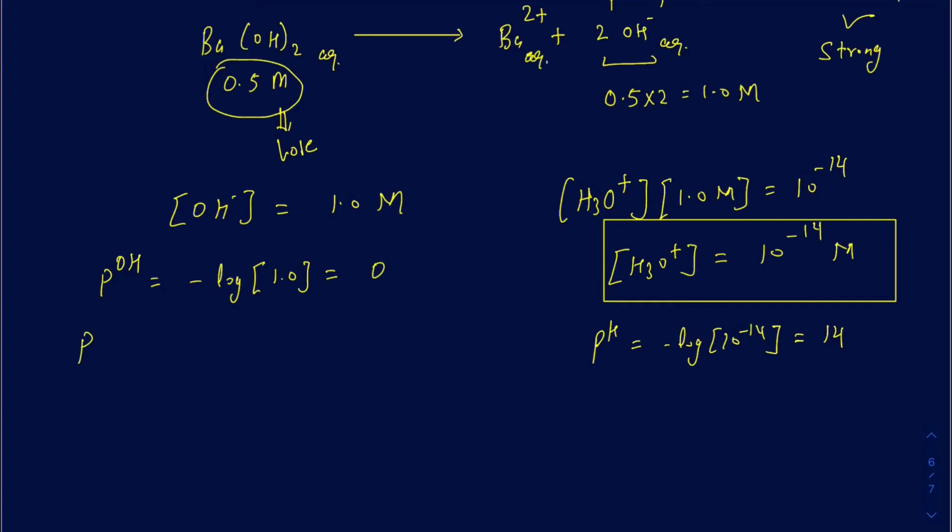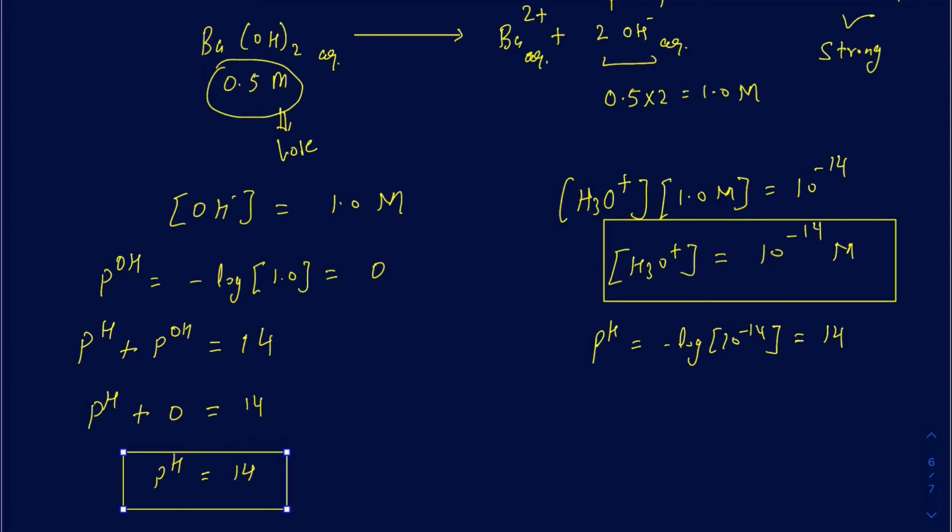And then use pH plus pOH equal to 14 as your next equation here. So pH plus 0 equal to 14 gives you pH to be 14. So there's different ways you can do these problems, and either one of these ways is going to be okay.